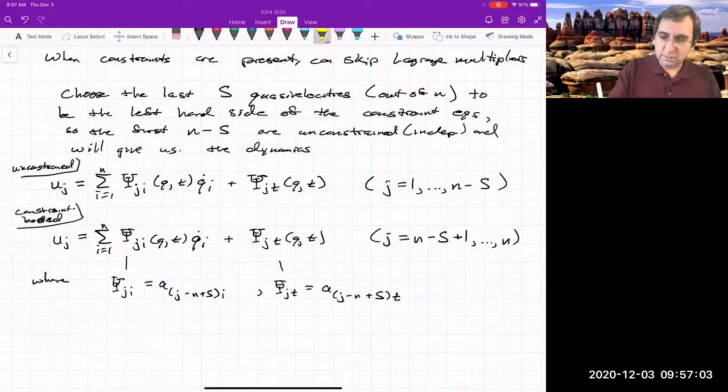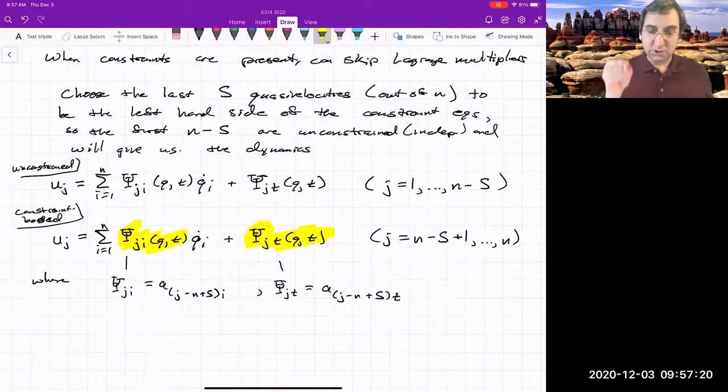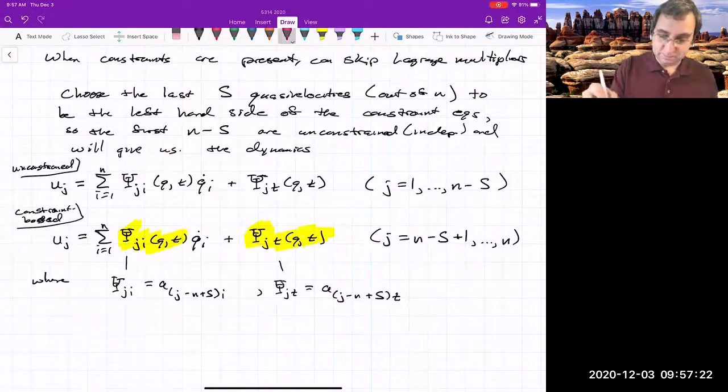Okay, so for the last s quasi-velocities, we're just picking these coefficients so that they exactly match the constraints, in which case these all equal 0.